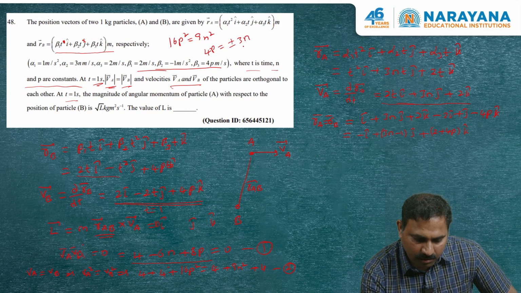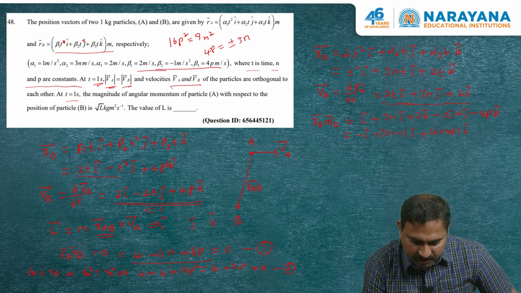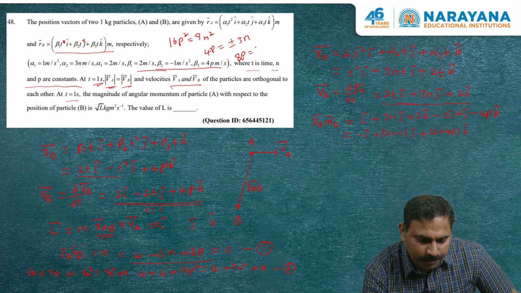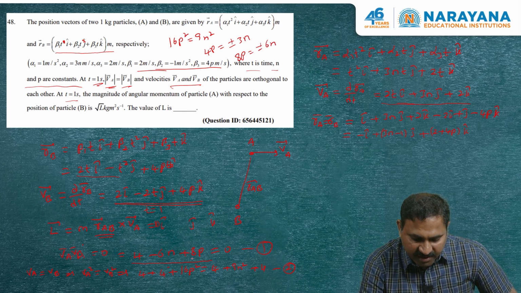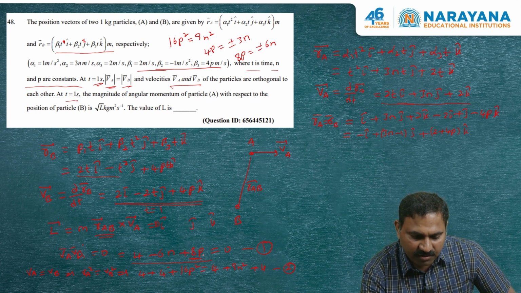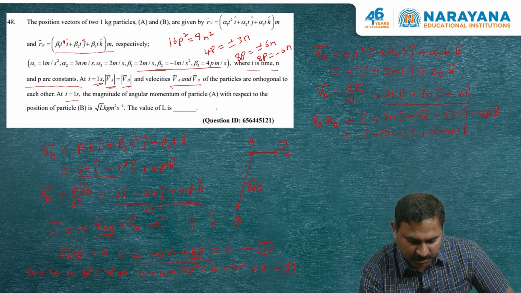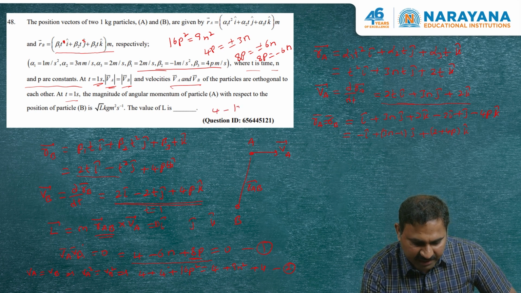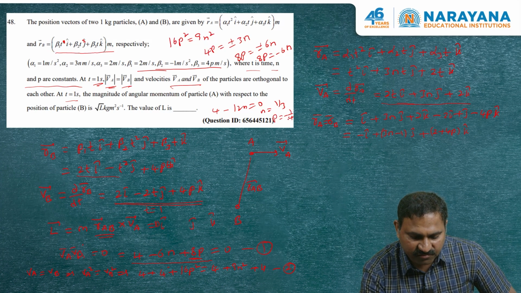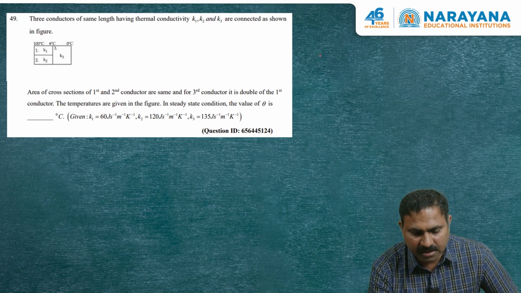If 4p equal to plus or minus 3n, let us substitute first plus 3n. 8p will be plus or minus 6n. If I assume 8p as plus 6n, we won't get any solution. If I assume 8p as minus 6n, then we will get the solution for 4 minus 12n equal to 0 or n equal to 1 by 3. From this we will get p equal to minus 1 by 4. Substituting these values for 48th question I am writing here.